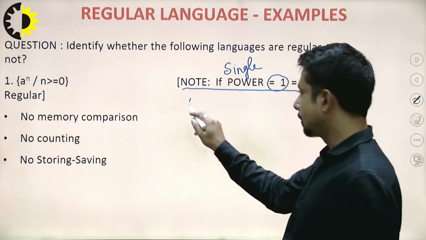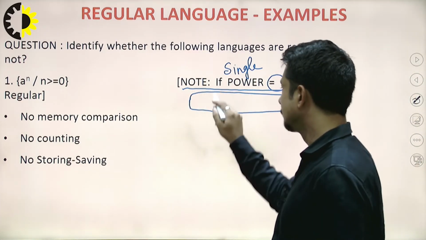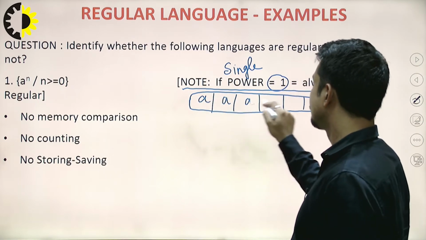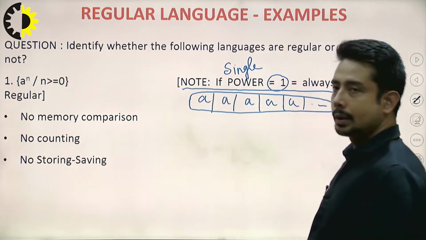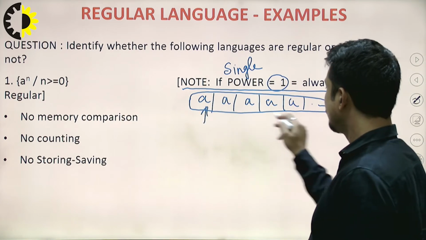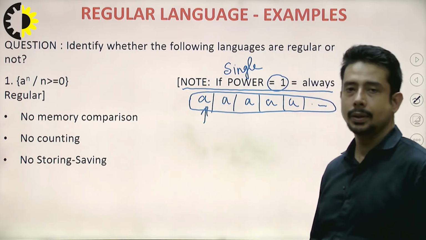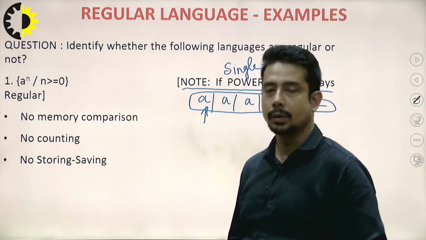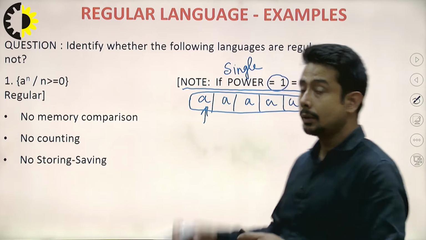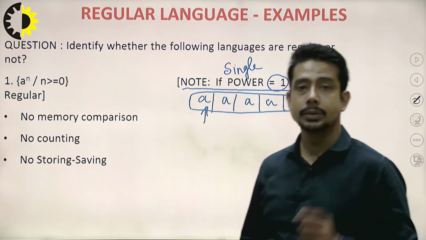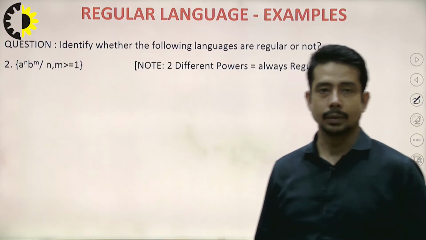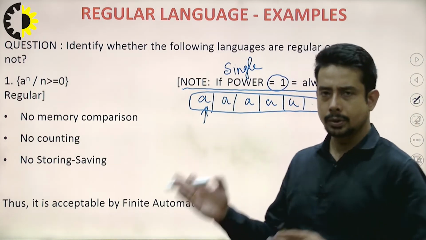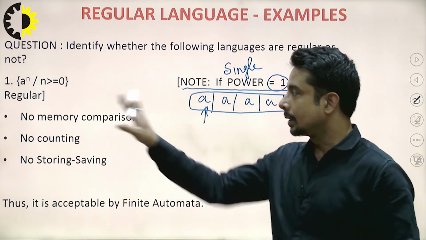There will be an input tape where a will be there, and it will just keep on reading a. There is no concept of storing and saving. That's it. So this is all about the first power logic: if we have a single power in a language, then definitely it will be a regular language. So I have mentioned here, it is acceptable by a finite automaton. Sometimes a question might come to you whether this language is regular or not.